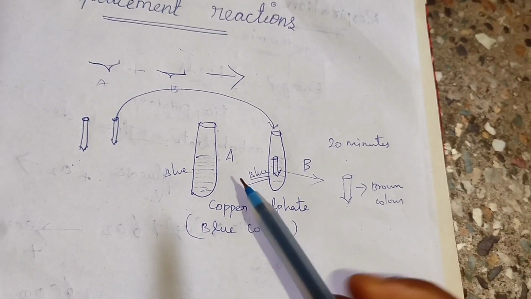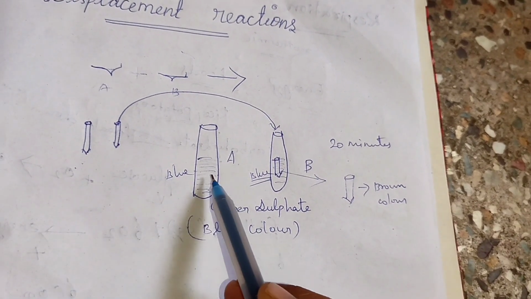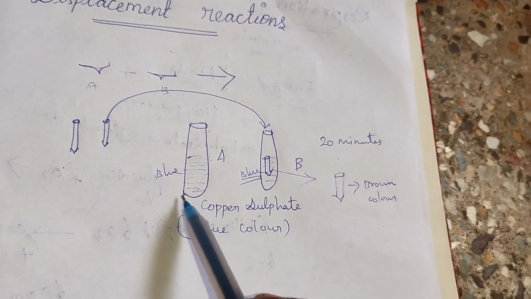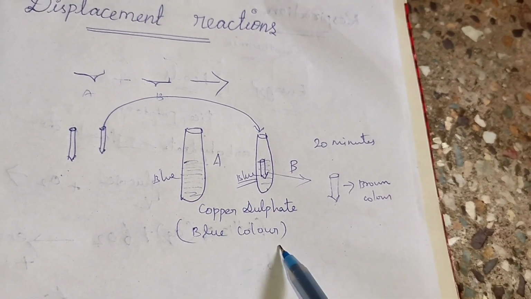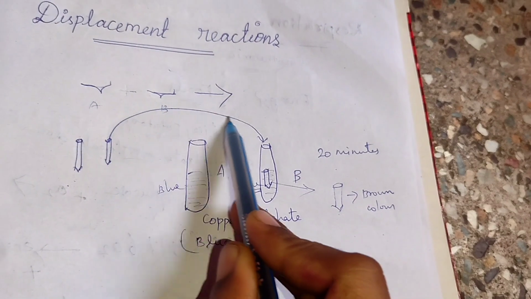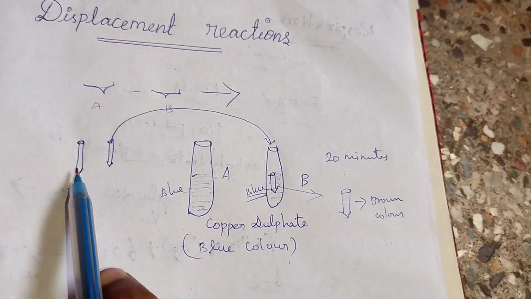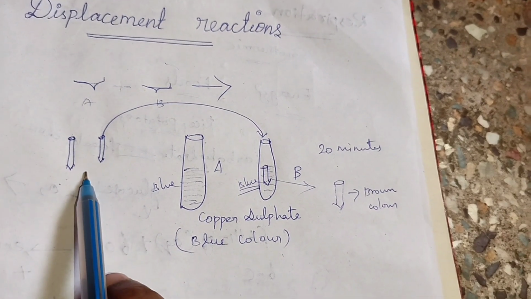So I will repeat again. I am taking 2 iron nails and 2 test tubes, and both test tubes are filled with copper sulfate solution, which is blue. Then I put only one iron nail into test tube B, and keep the other outside for comparison.